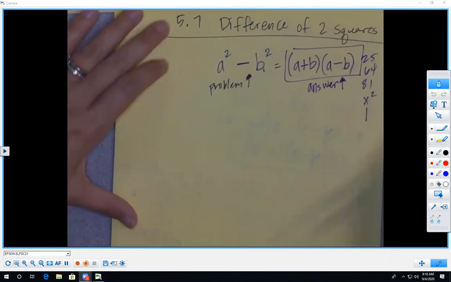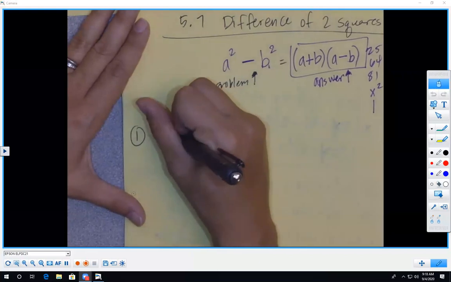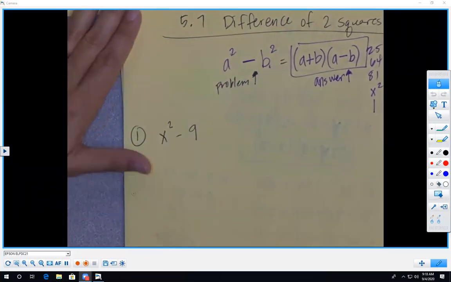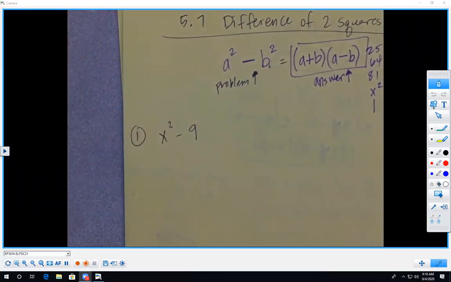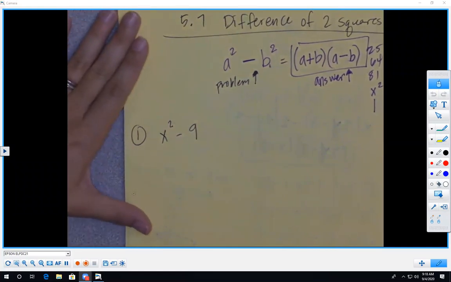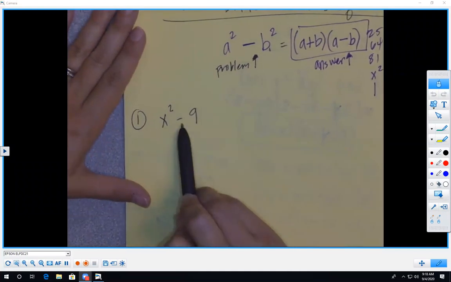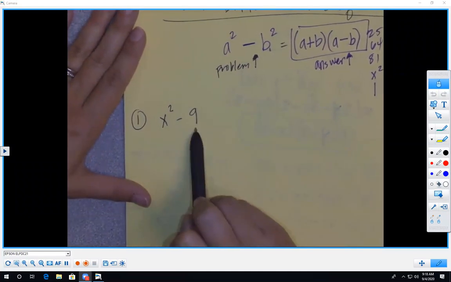Okay, so let's do some of these together. A problem would look like this: x squared minus 9. I know this is a difference of two squares problem because it has a subtraction sign in the middle. I can take the square root of 9.